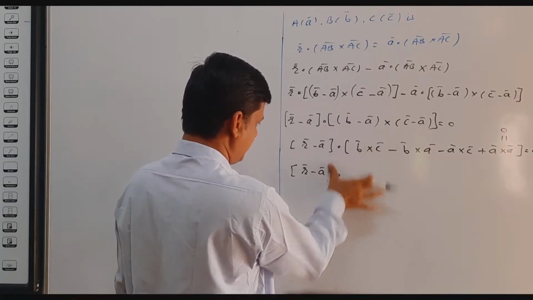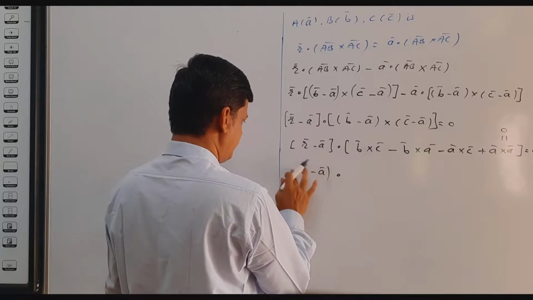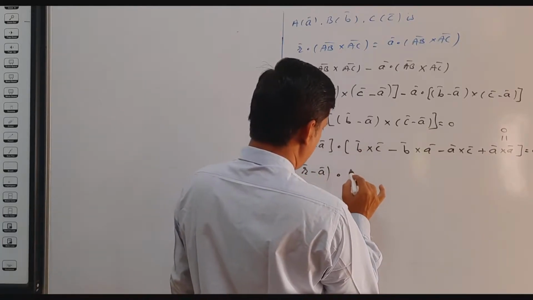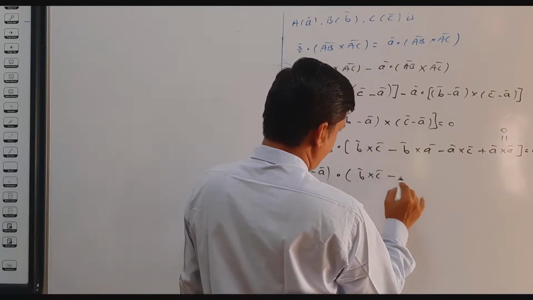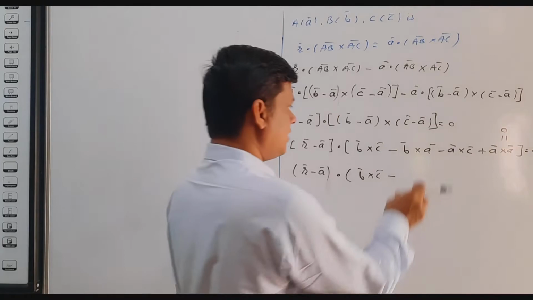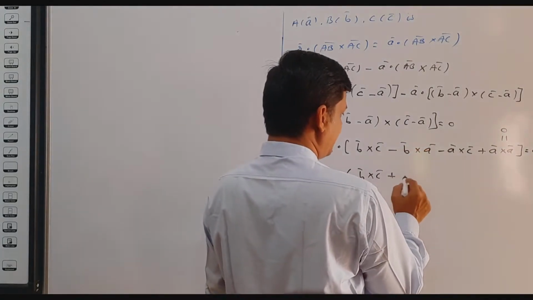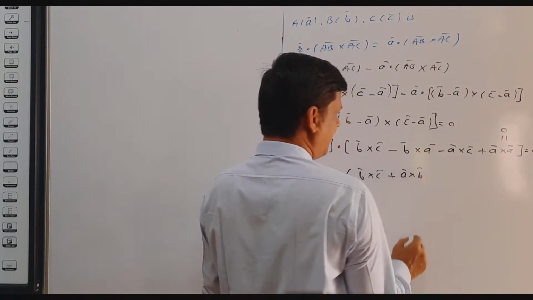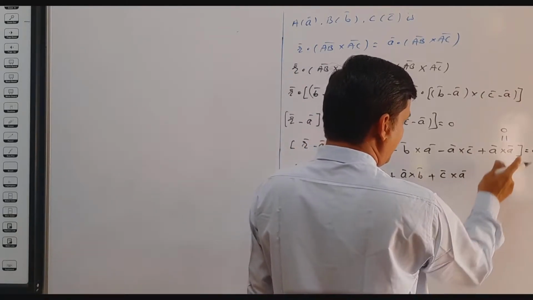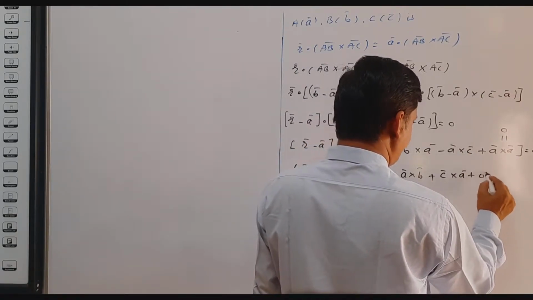So the remaining terms are R bar minus A bar, we write this in square bracket now. This we write B bar cross C bar as it is. Now this B bar cross A bar, when we interchange these two vectors, we write this as plus A bar cross B bar. This also we write plus C bar cross A bar, and this value we write 0.